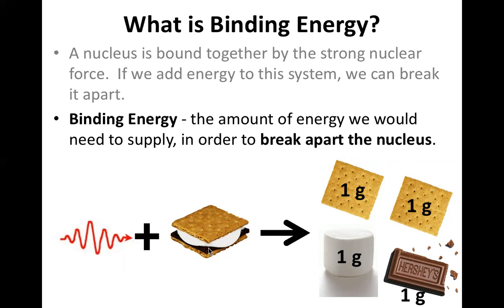So let's keep the numbers simple. Each cracker is 1 gram, the marshmallow is 1 gram, the piece of chocolate is 1 gram. Then you'd expect the s'more, based on the recipe, to be 4 grams, but it's not. It's 3 grams. That doesn't seem to make sense because you can't create mass.